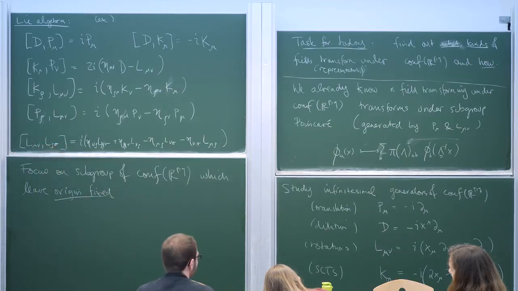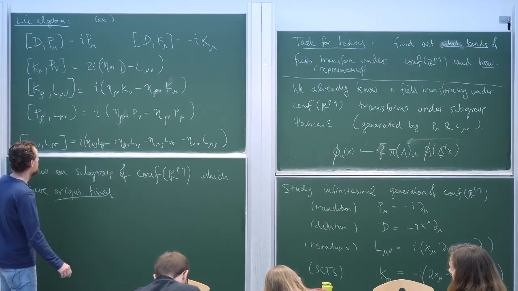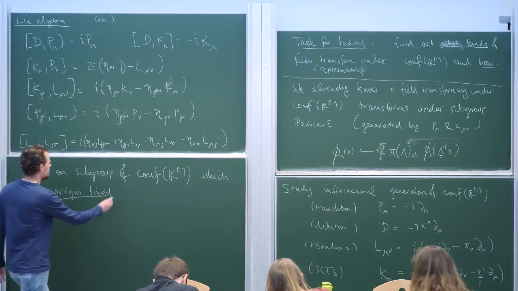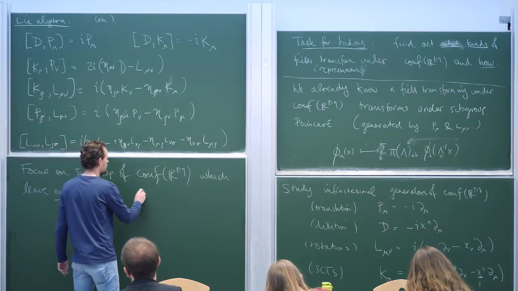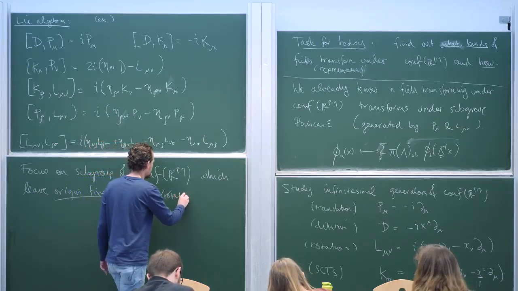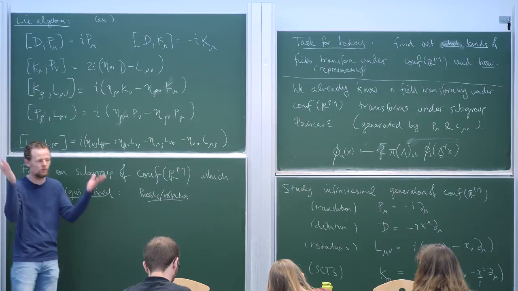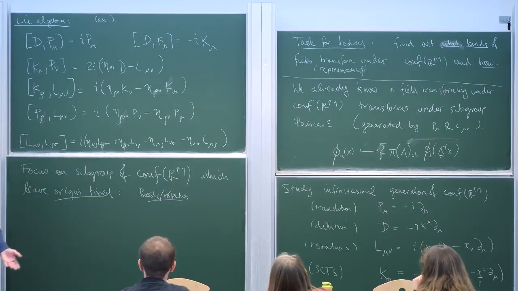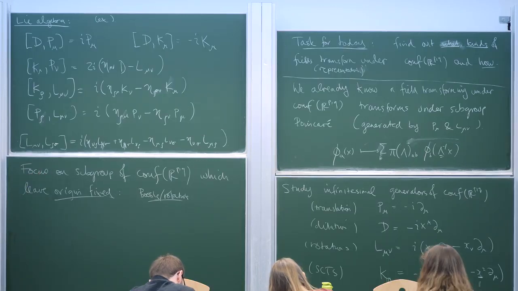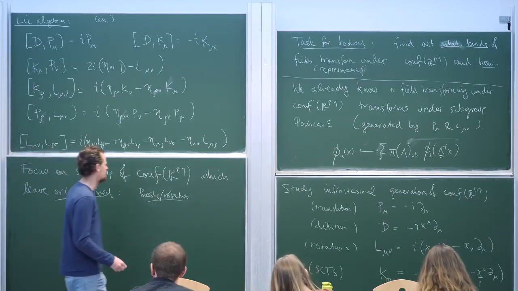So the field before at the origin is the field at the origin afterwards. I hope you can already guess what that subgroup looks like. What transformations have that property? Well, boosts and rotations do, right? In one frame something's at the origin, then in the new frame after a boost, it's still at the origin. Everything else gets squished and rotated, but something at the origin remains at the origin.